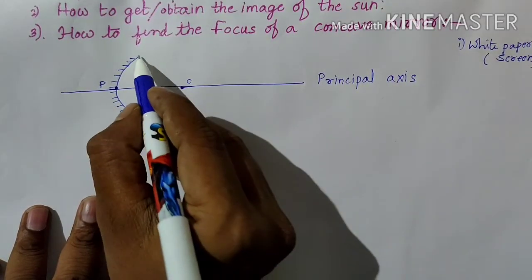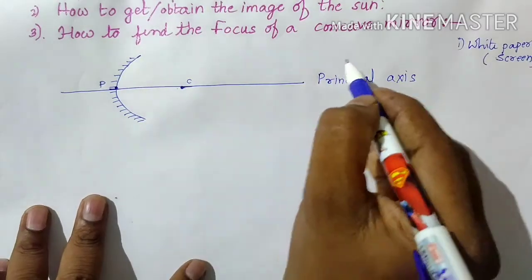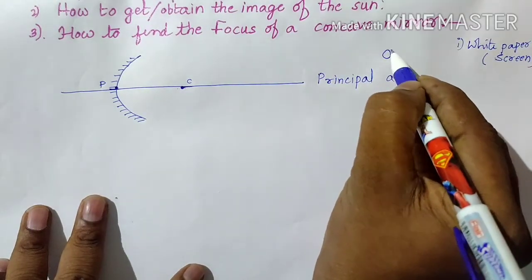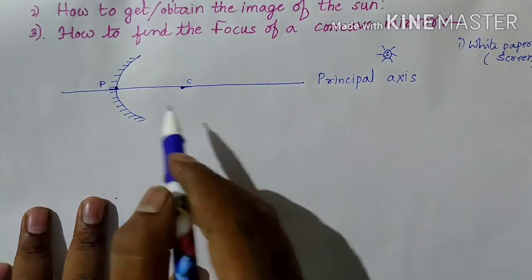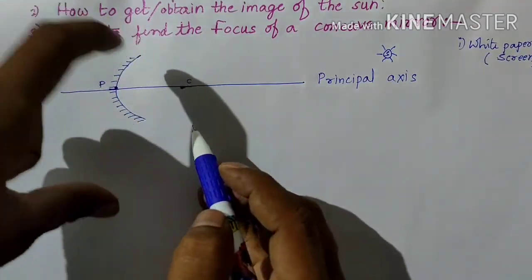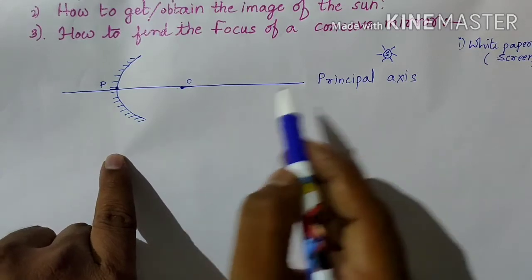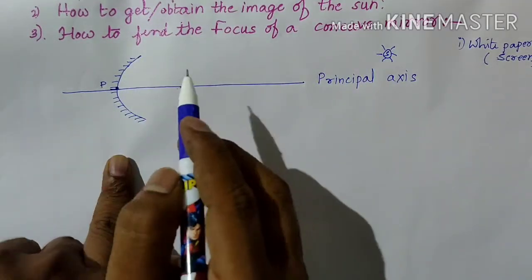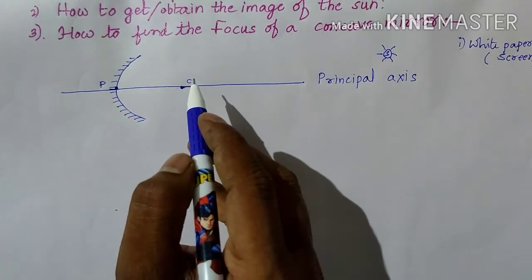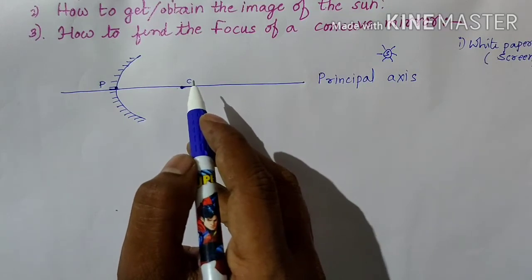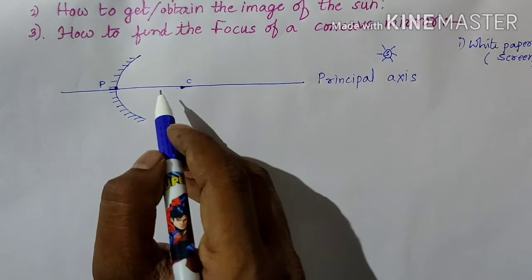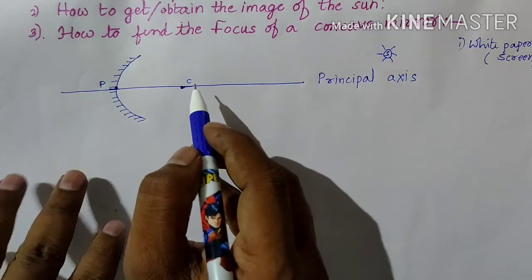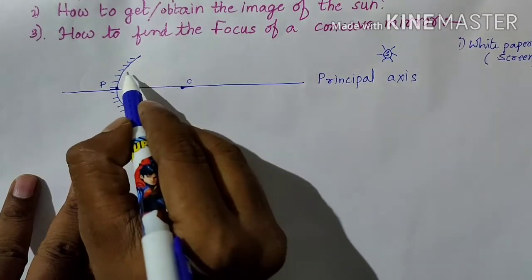You have to take care that, considering the sun, we hold the concave mirror such that the sunlight falls on it. The light coming from the sun is always parallel; all the sun rays are parallel to the principal axis. That's the reason I am taking two parallel rays.